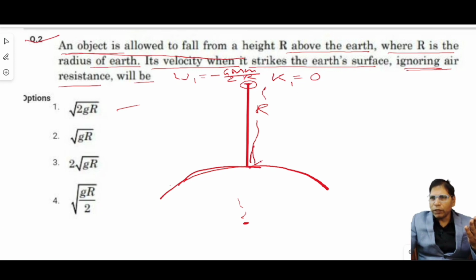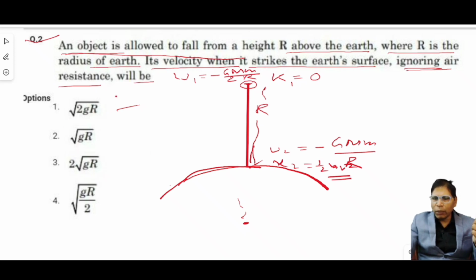Now on the earth surface, potential energy U2 equals minus G capital M small m by the distance from the center, this is R. Kinetic energy K2 equals half mv square. We have to calculate v.